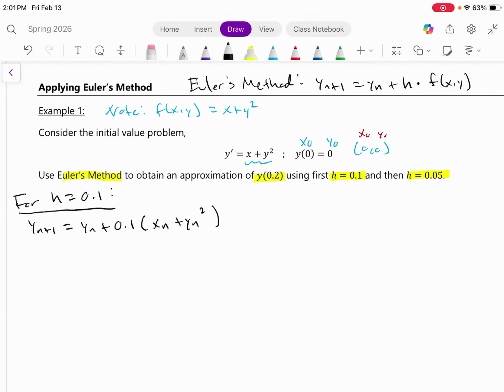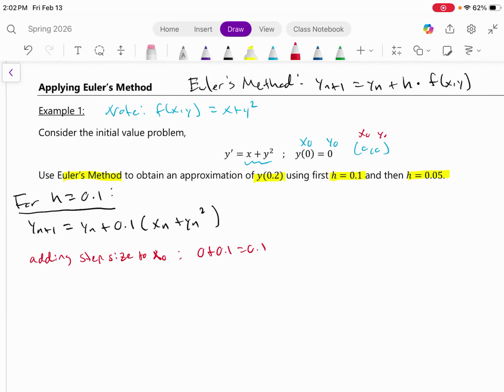We're starting out at x equals 0. Our next approximation is going to be adding our step size to x naught. Our step size is 0.1, so our next x is 0 plus 0.1, which is 0.1.